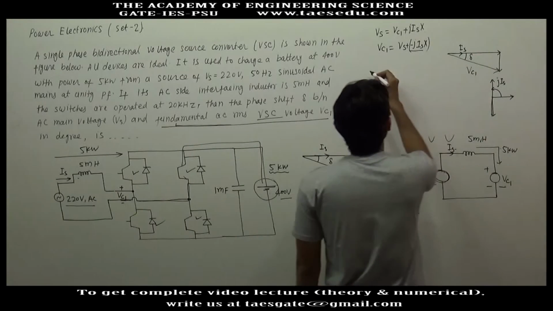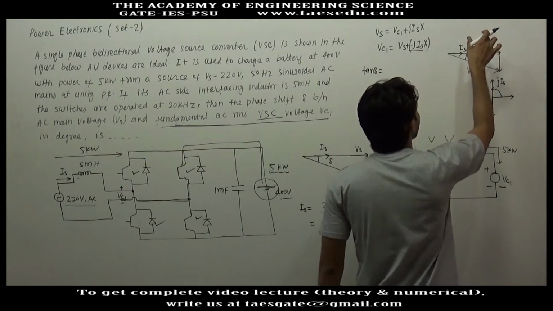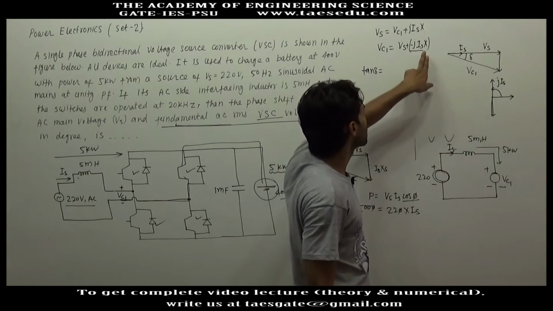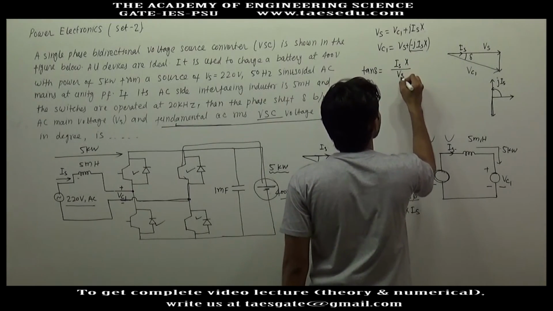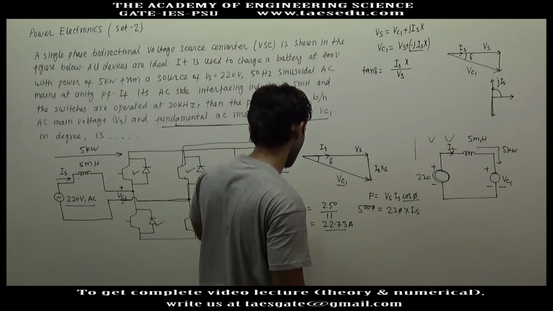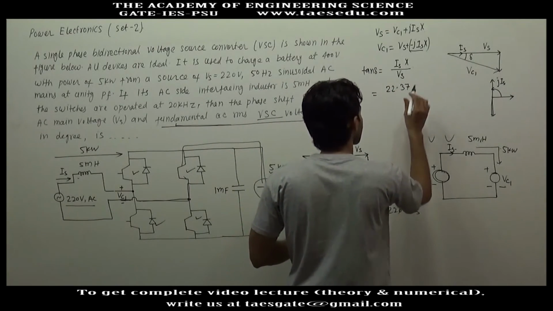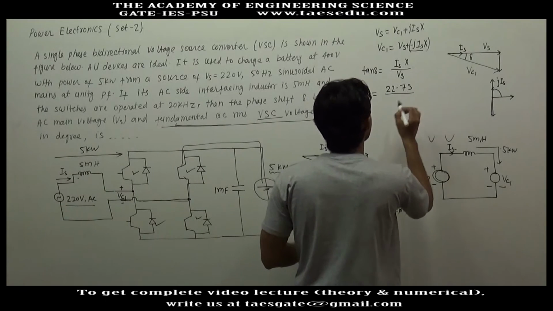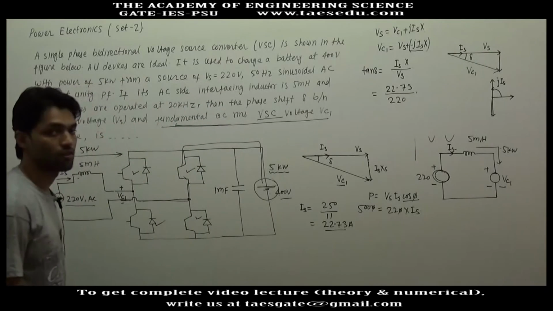So this is the phasor diagram given in the question, and this is delta. So what will be the value of tan delta? Tan delta is nothing but this height divided by this length, which is Vs. And what is this height? This height is the magnitude of this vector. This will be Is X divided by Vs. Is we have calculated as 22.73, divided by Vs, which is 220, and X will be the reactance of the inductor.